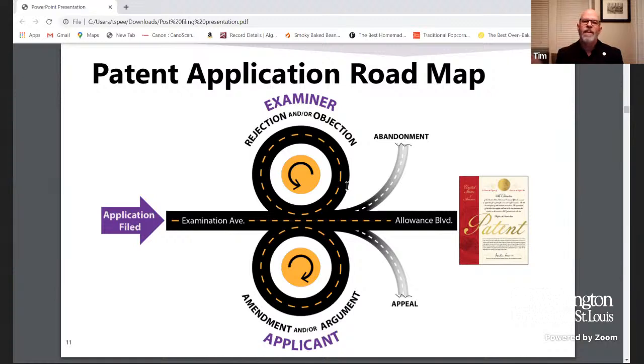So the application can go abandoned. You can get it allowed. You can also file an appeal of the examiner's decision. That still will ultimately lead either to an abandonment or an allowance. The appeal is taken first to, we have some judges in the patent office that you appeal to, the Board of Patent Appeals and Interferences, Patent Trial Appeal Board, I'm sorry, we've changed the name over the years.